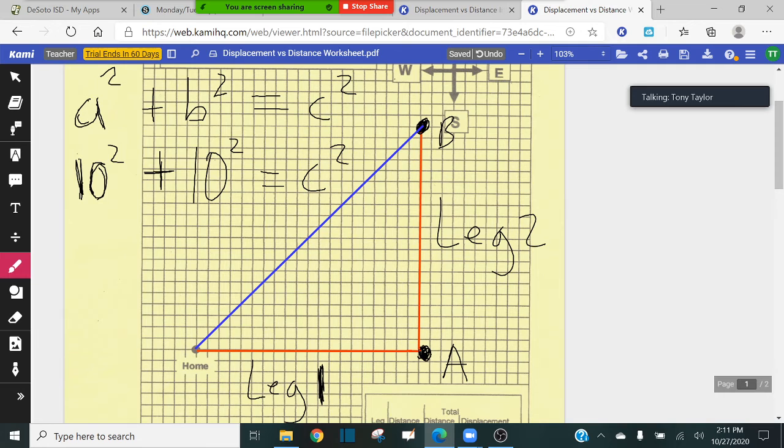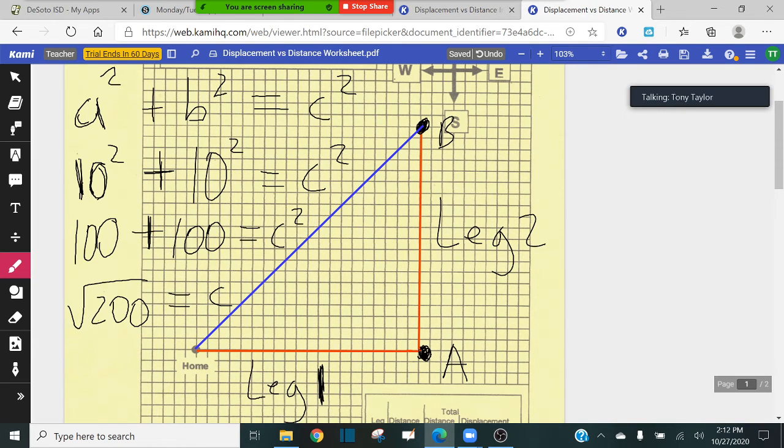So 10 squared is obviously 100. So 100 plus 100 is equal to C squared. Obviously 100 plus 100 is 200. And then we have to take the square root of 200 to get C.